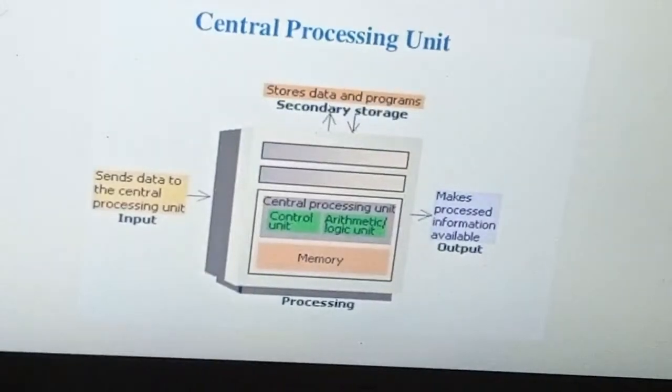A monitor is a display screen, and these are all output devices.